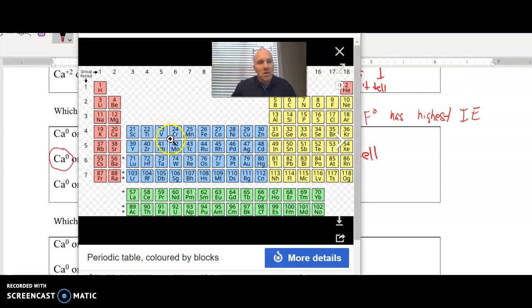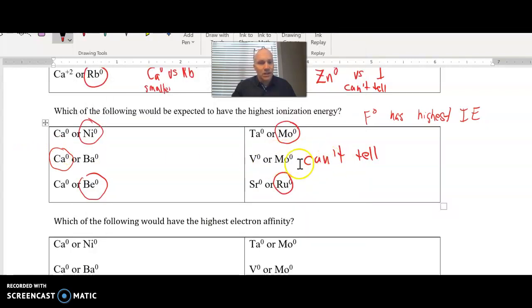So remember, the further to the upper right, the higher the ionization energy. And so with the trend being like this, you cannot tell because in going up, things would get higher, but in going to the left, things would get lower. All right, so that's why we just say we can't tell in that particular instance.